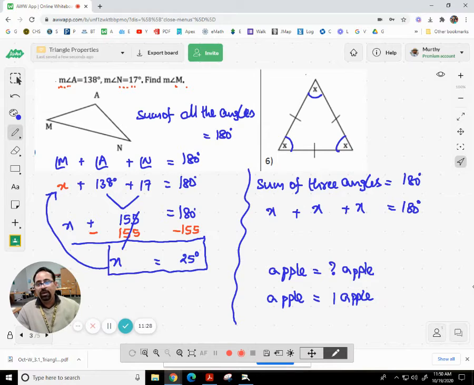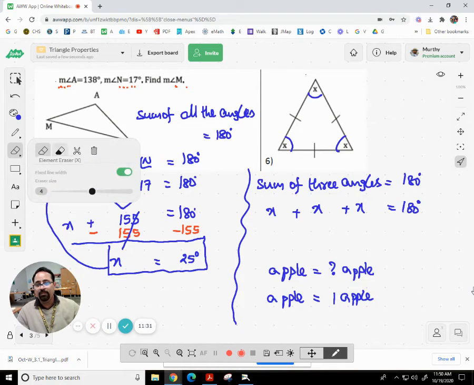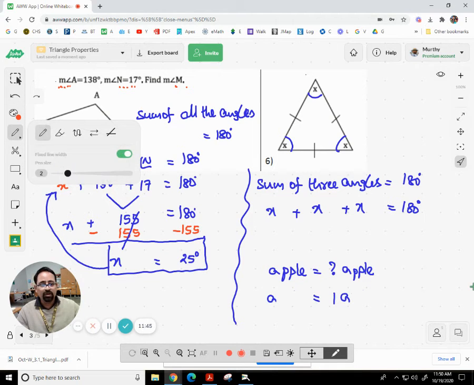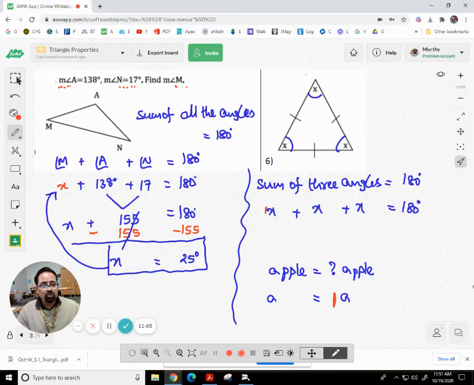Therefore, algebraically, A means 1A. So if there's no coefficient, you can take one here, you can take one here. Likewise, if there's no coefficient for x, you can take it as 1.